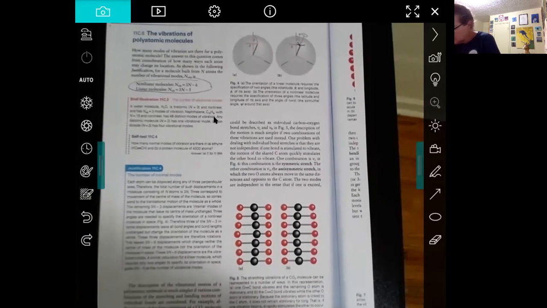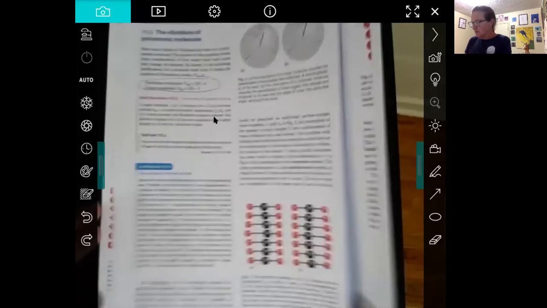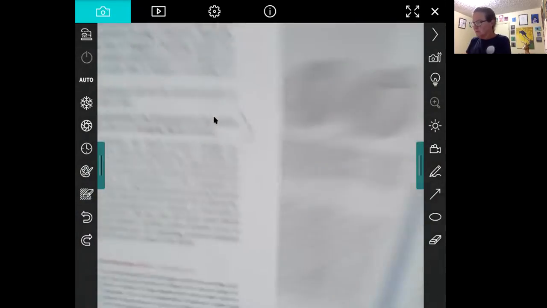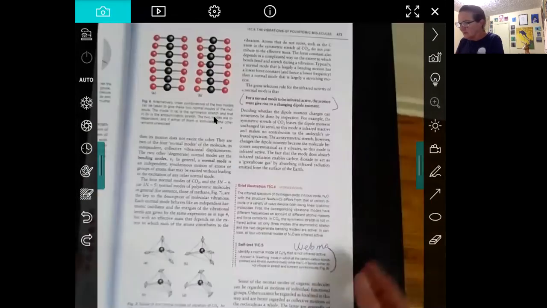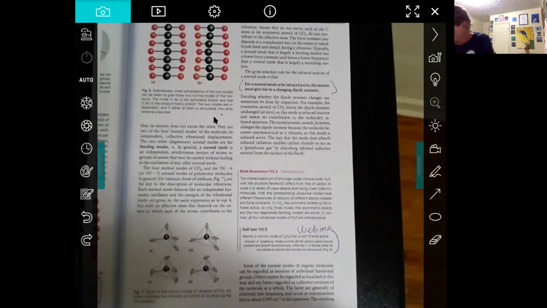So the rest of the discussion on page 472 is kind of looking at what we already looked at with CO2, how those modes look, what are their actual motions. And just like a diatomic has to change dipole moment as it vibrates, for a normal mode to be infrared active, the motion must give rise to a changing dipole moment.